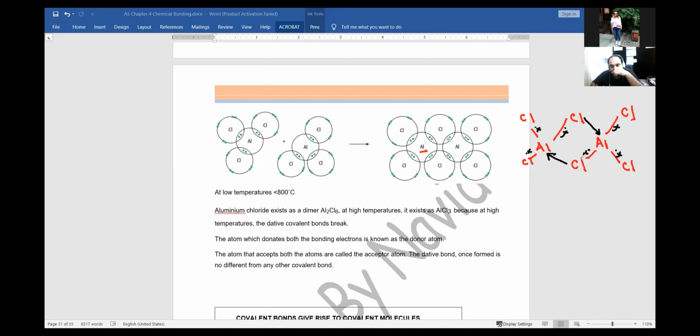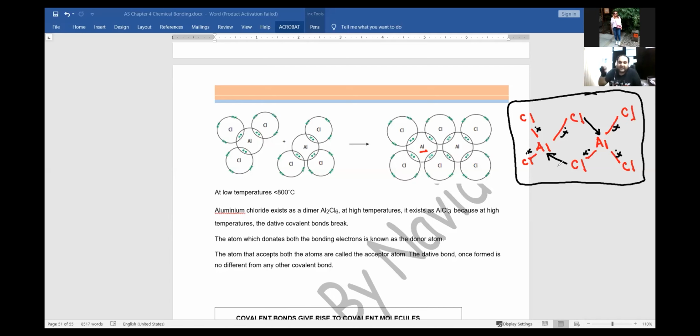Chlorine. So then the whole thing together makes one molecule? Yes, sir. So this is Al2Cl6. This is dative covalent bond. So dative covalent bond occurs within a molecule, and hydrogen bonding occurs between the molecules.